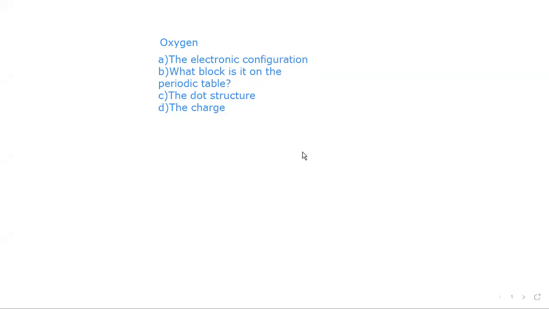So the answer for this one would be, let me get my pencil now. Actually, just let me type it. It would be 1s, 2s, and 2p, but with little numbers on top.